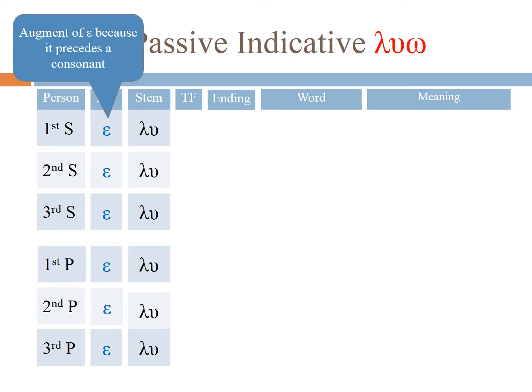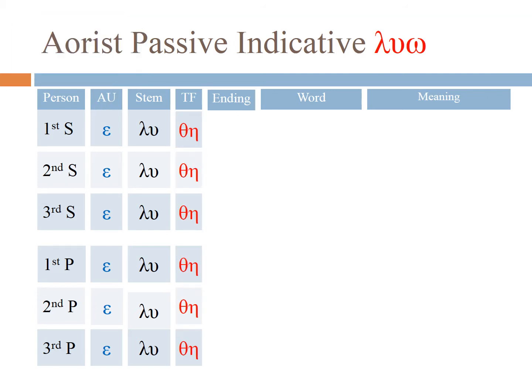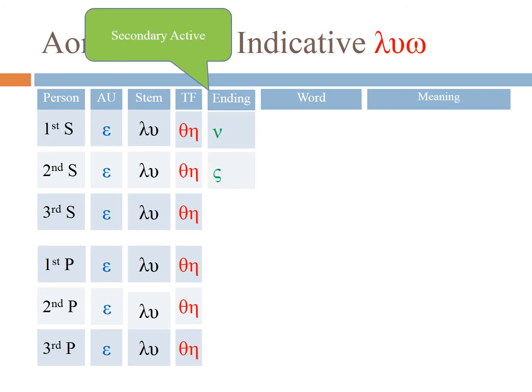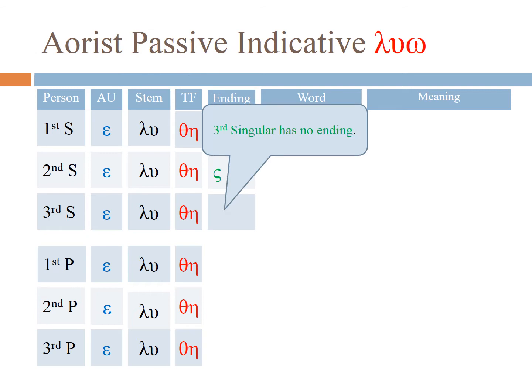The tense formative is theta eta. The endings are secondary endings, and we get n, s, but the third singular has no ending. And we've seen this before. So the only one that's different, theta eta, is going to be its ending because it does not have an ending.